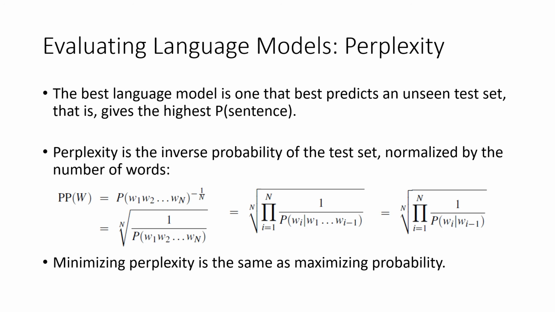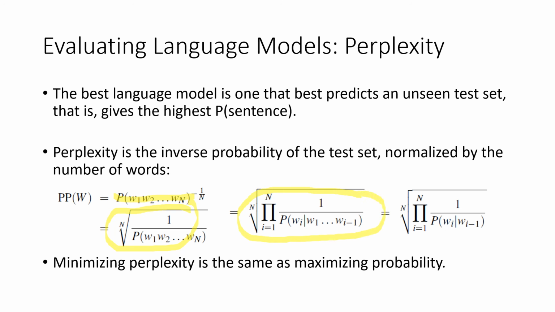The perplexity of a language model on a test set is the inverse probability of the test set, normalized by the number of words, as shown with this equation here, which is equivalent to this. We can use the chain rule to expand the probability.